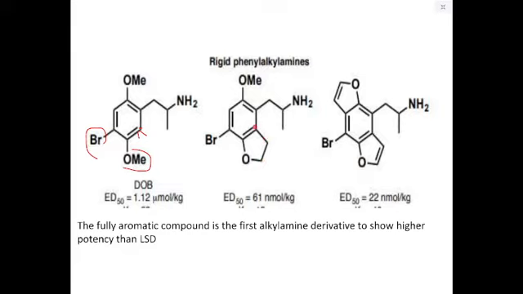And it was found that that compound was quite highly active, because you can see that for the DOB, the effective dose is 1.12 micromoles. But for the ethylene dioxide derivative, the effective dose is 61 nanomoles.